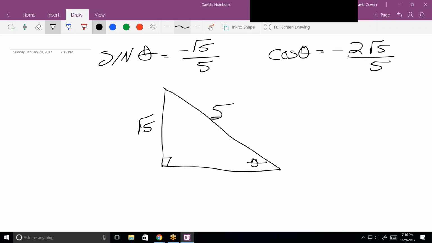Now, the only meaning we're going to get from the negative sign in sine theta and the negative sign in cosine theta is going to tell us what quadrant this is in. Right. And what quadrant is it in? Where is sine negative and cosine negative? It's only one quadrant. The third quadrant. Okay.